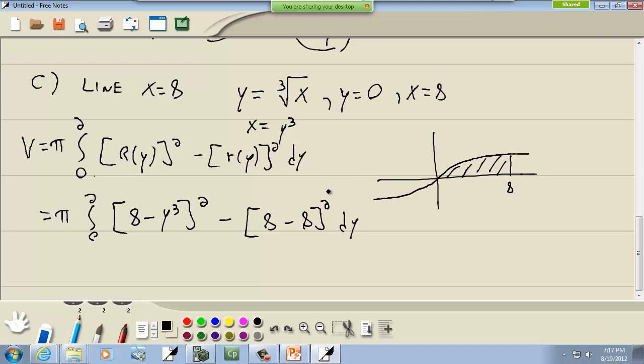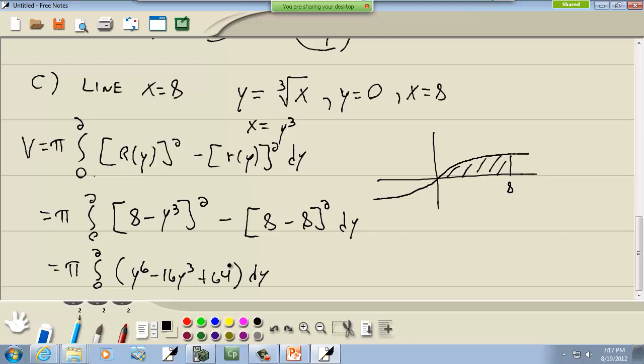I'm about out of space. So then when I square that, that gives us y to the 6 minus 16 y to the third plus 64 dy.